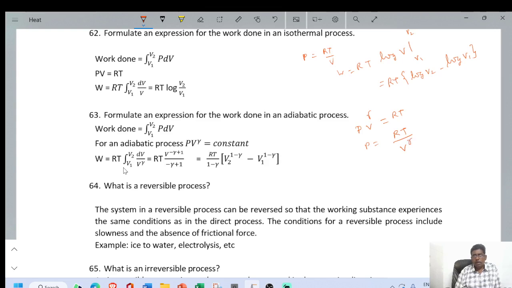Then work done is equal to the integral of PdV, which is equal to RT into integral dV by V power gamma, which is V power minus gamma dV inside the integral. If you integrate this, we get V power minus gamma plus 1 divided by minus gamma plus 1. Here we apply the limits, lower limit V1, upper limit V2. This is V2 power 1 minus gamma minus V1 power 1 minus gamma. Minus gamma plus 1 is written as 1 minus gamma.